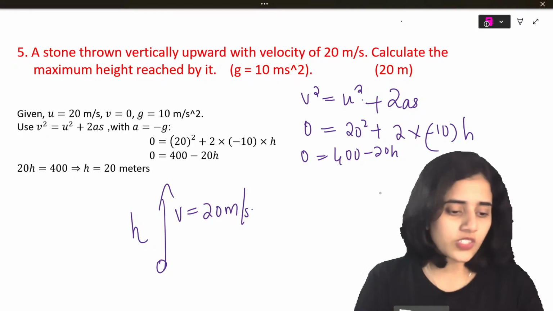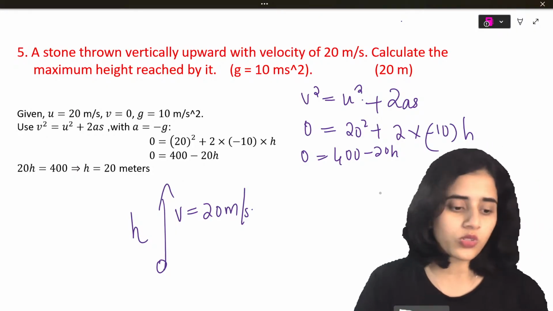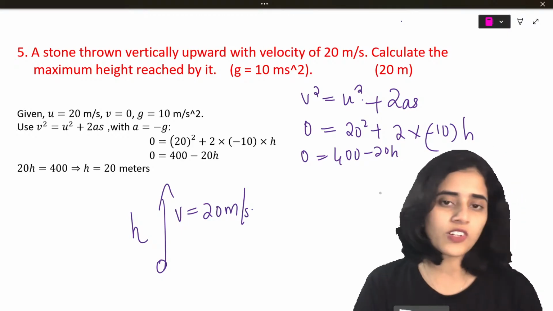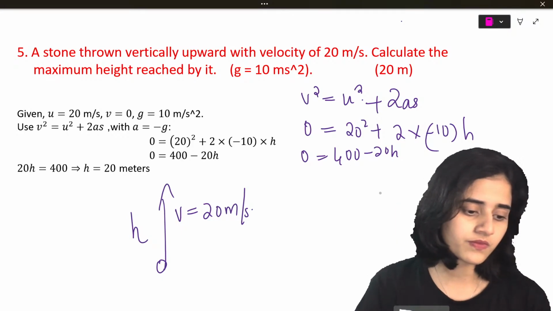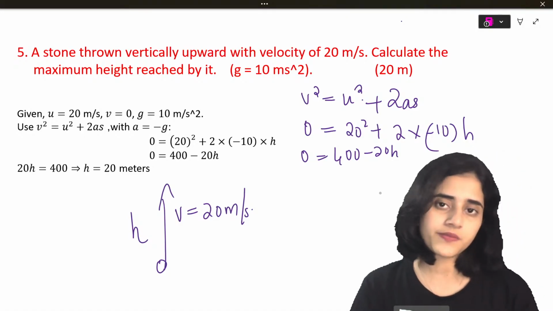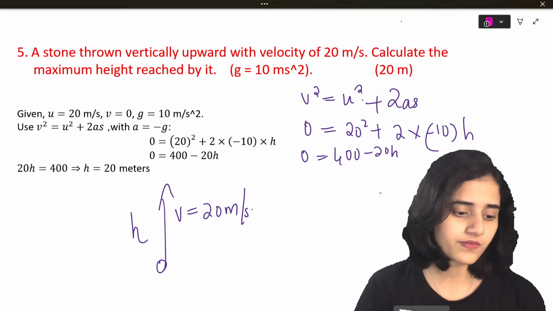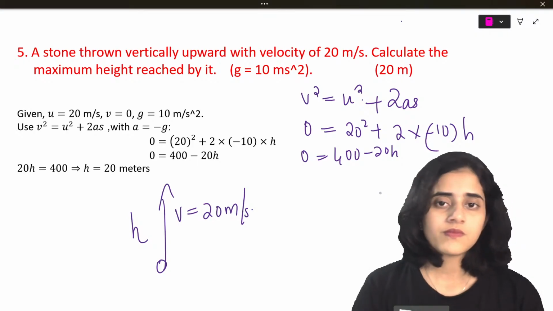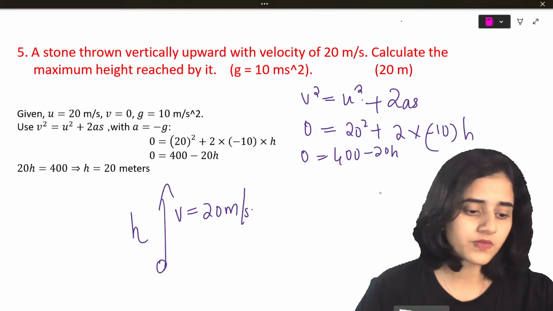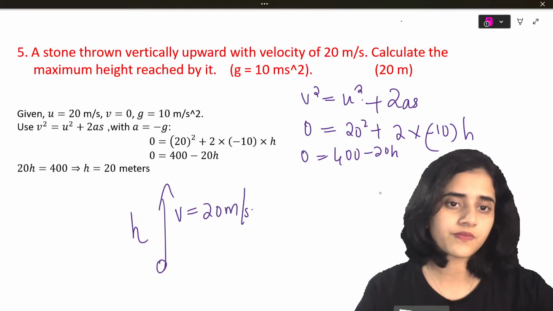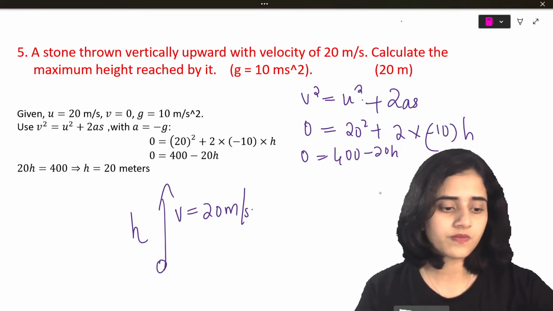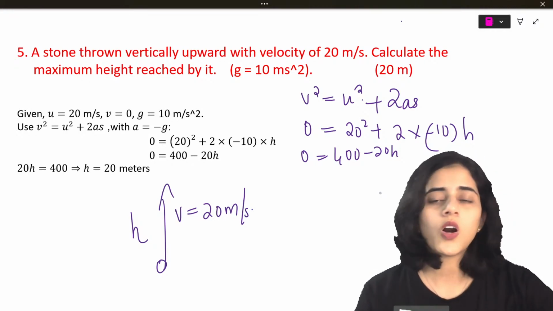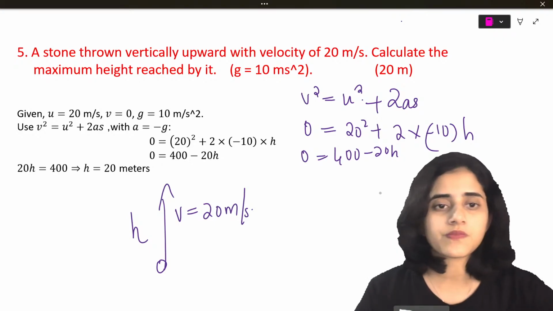Maximum height h is u square by 2g also. Okay, Shivu. But what will you take u as? What is u here? Is this clear? Any doubts?